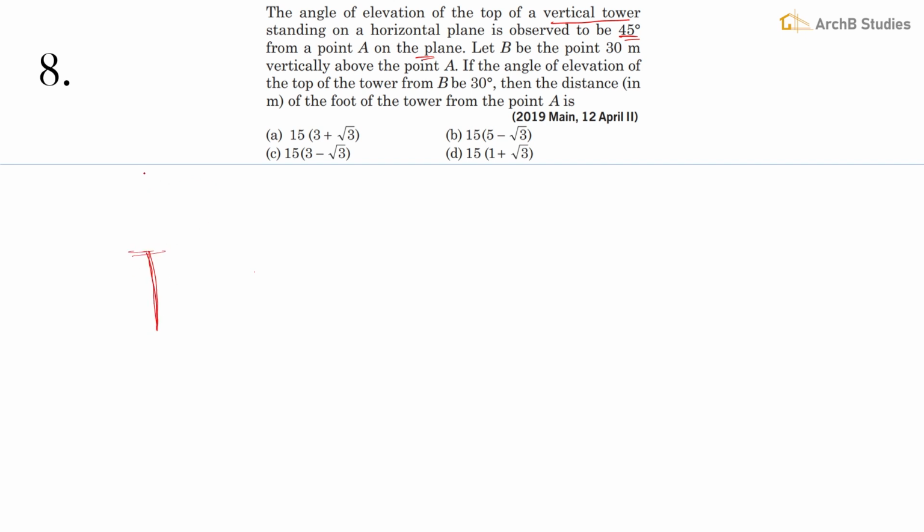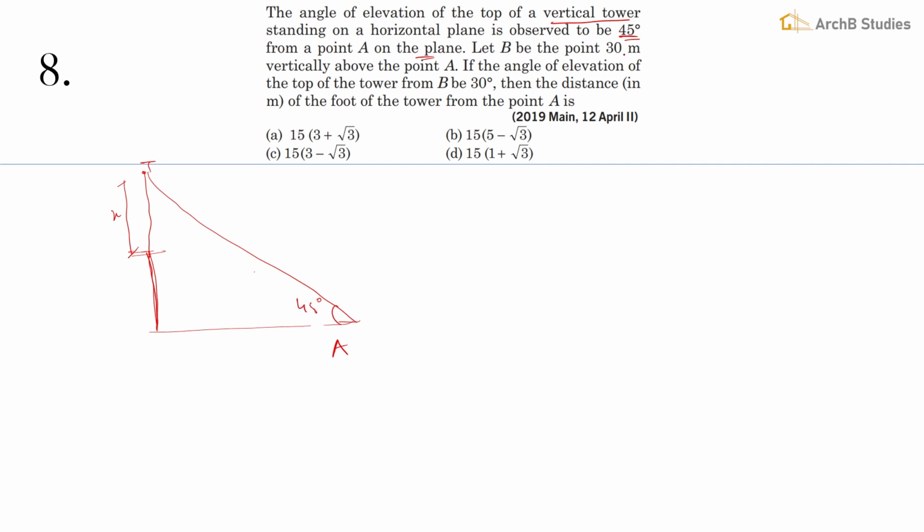Now the tower is standing here, T. This is x meter say, and it is making an angle of elevation at point A, that is 45 degrees.